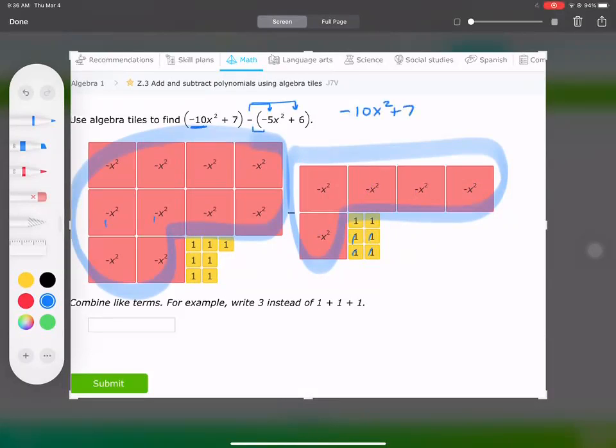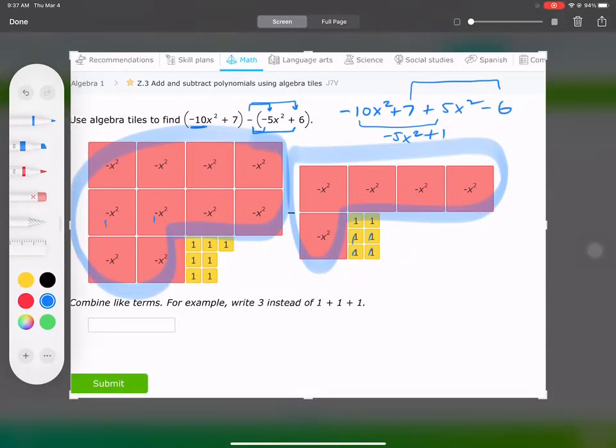What's a negative times a negative? That's a positive 5x squared. And what's a negative times a positive? That is a negative 6. So when I'm minusing the second group, we have to flip the signs. So this becomes negative 10 plus 5, which is negative 5x squared. 7 minus 6 is plus 1.